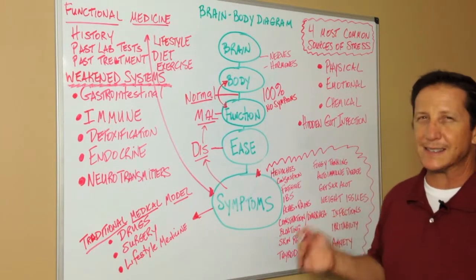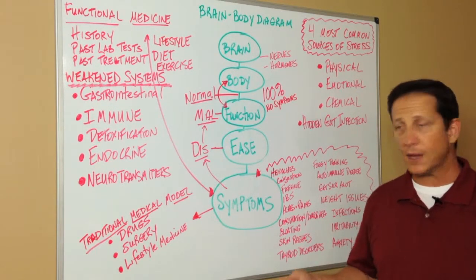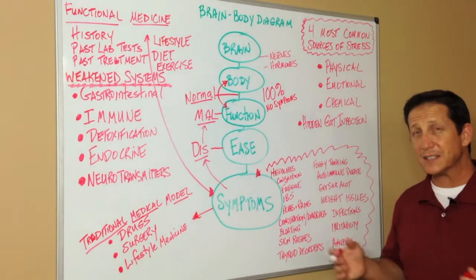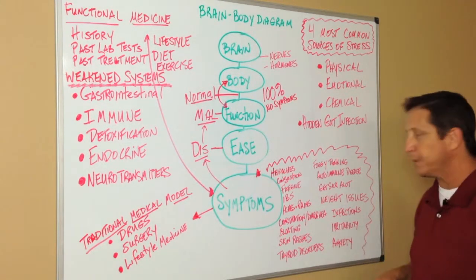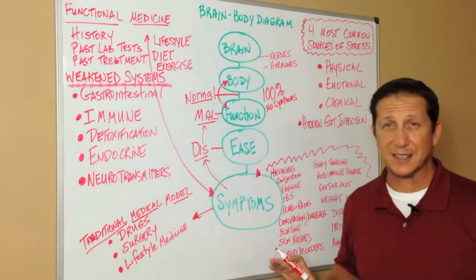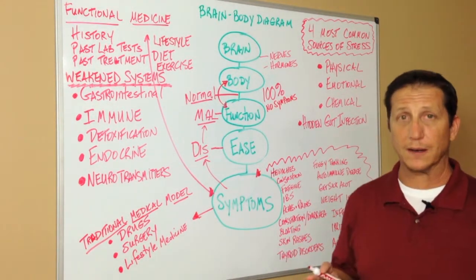You just might get sick a lot. You may have trouble losing weight. You may have trouble gaining weight. You could get infections often. That's a big symptom. Irritability and anxiety. This is not a conclusive list. You may have symptoms that are not on this list, but that's all that would fit on my board here.